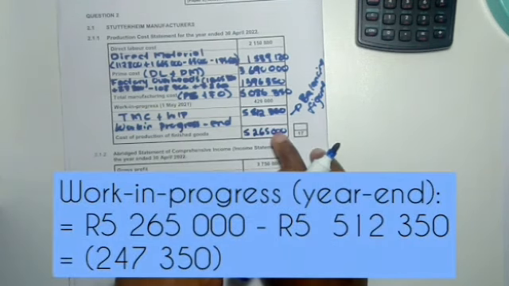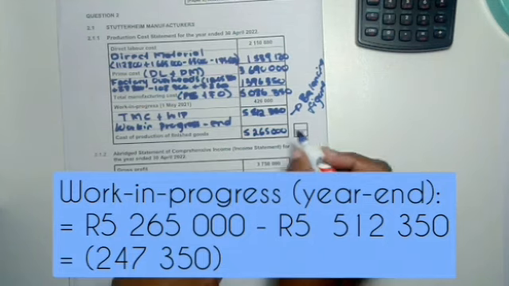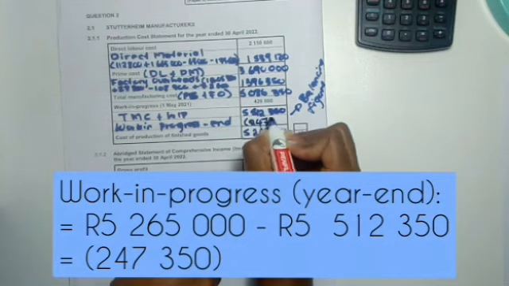So starting with 5,265,000 minus 5,512,350, I get a minus 247,350.